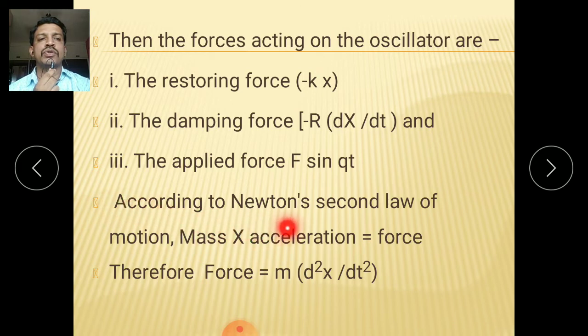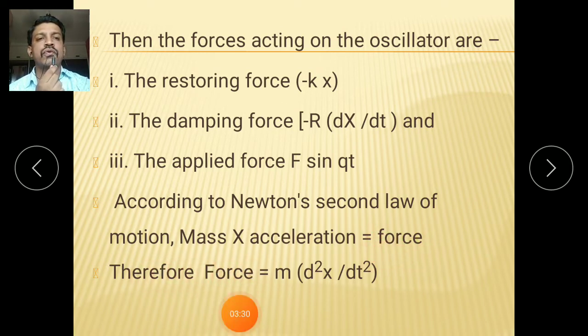According to Newton's second law of motion, force F equals mass into acceleration, F equal to ma. F means force, m means mass, and a means acceleration. Therefore mass into acceleration is nothing but force.